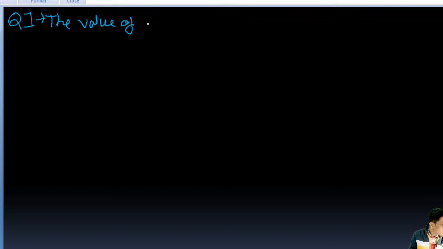The value of the integration is given, that is z square e to the power z dz.